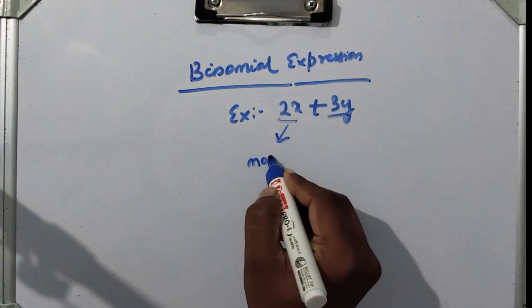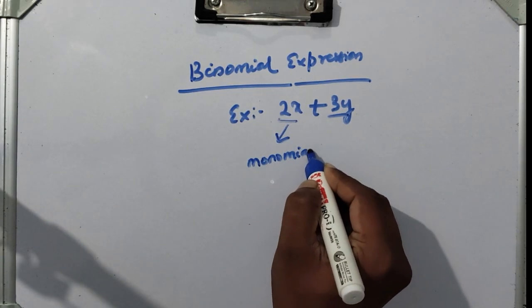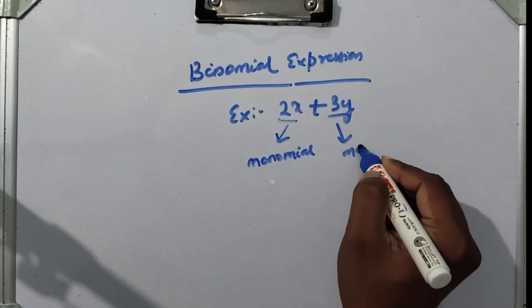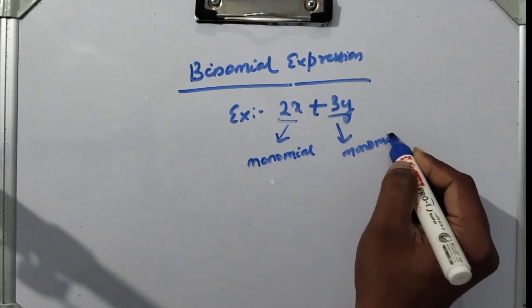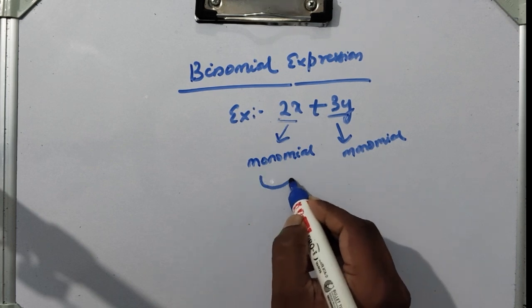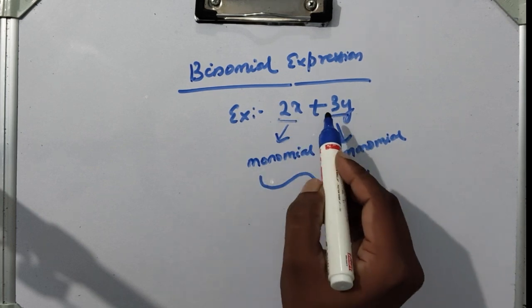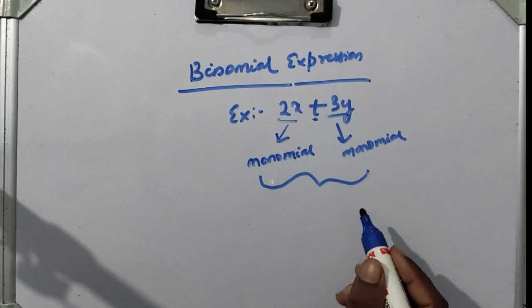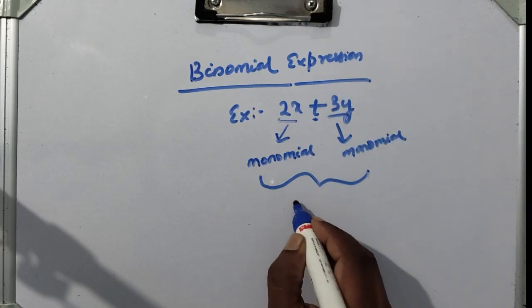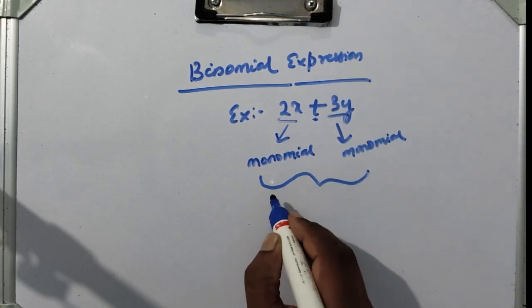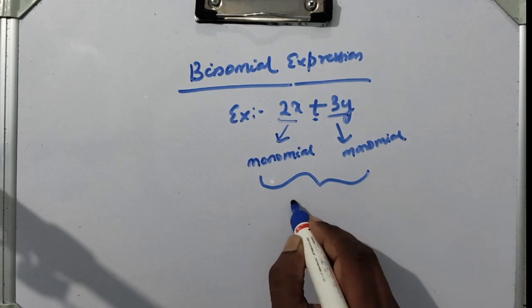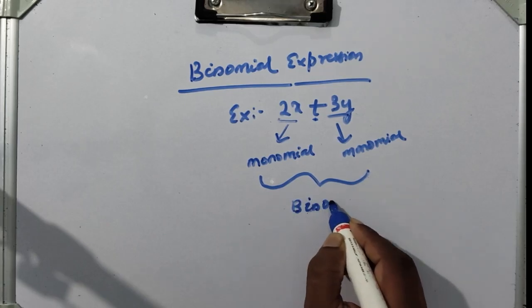This is one monomial and this is one monomial. Okay, and these are separated by an operator, either plus or minus. Okay, then when it contains two monomials, we call it binomial.